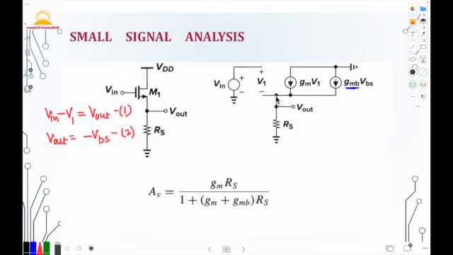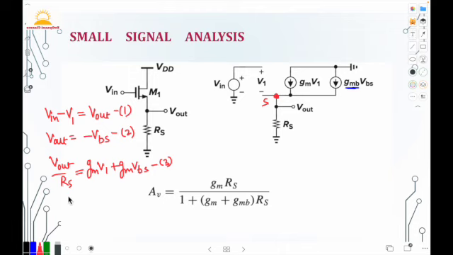Now applying KCL at the source terminal, we have Vout upon Rs equals gm V1 plus gmb VBS. So this is equation 3.